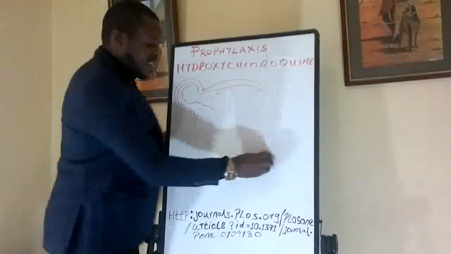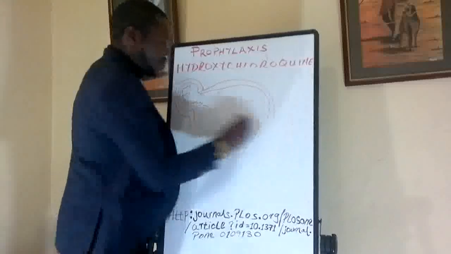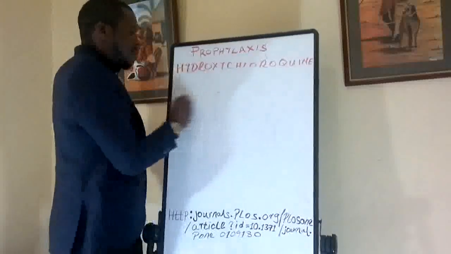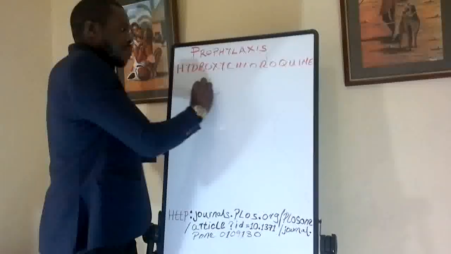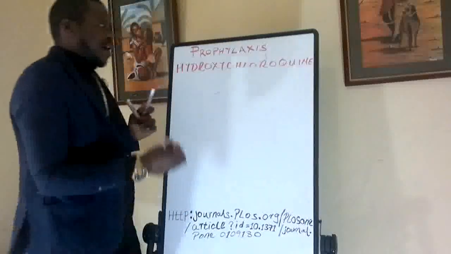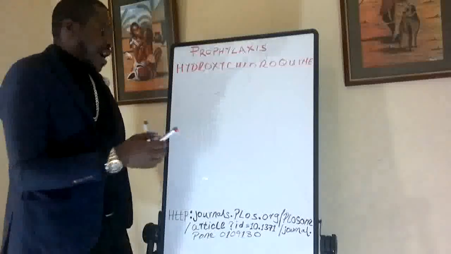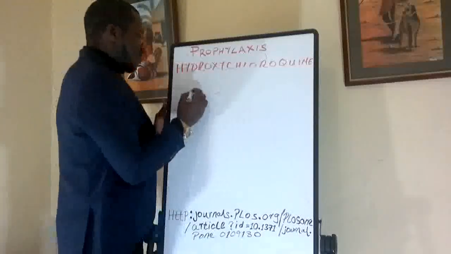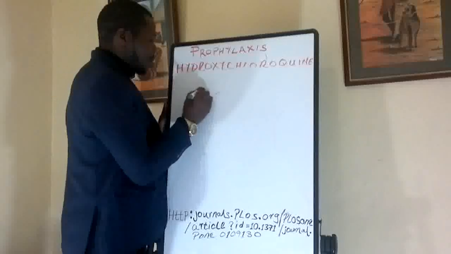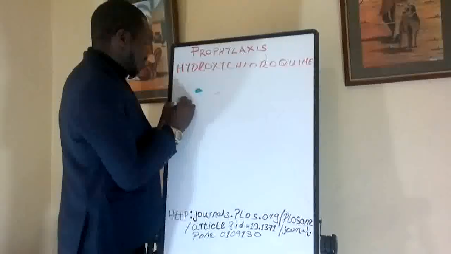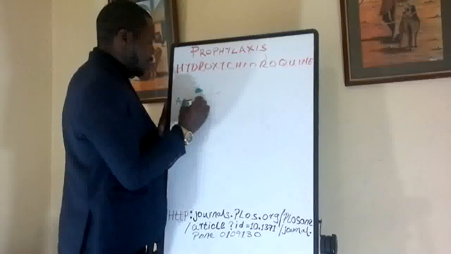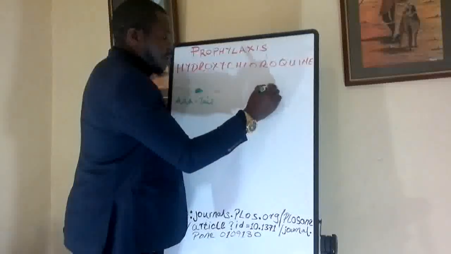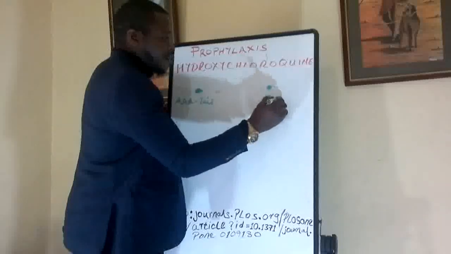So once that has been done, replication of the RNA begins. And that's the replication of the viral RNA. So this is the viral RNA. It also has a poly A tail, and on this other side, it has a 5' cap.